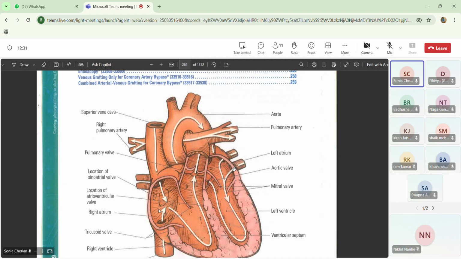Then coming to the common signs and symptoms of heart conditions. The most common symptom is chest pain, right? A patient who has a very weak heart or a history of cardiac disease might have chest pain on and off. The second most important is palpitations.